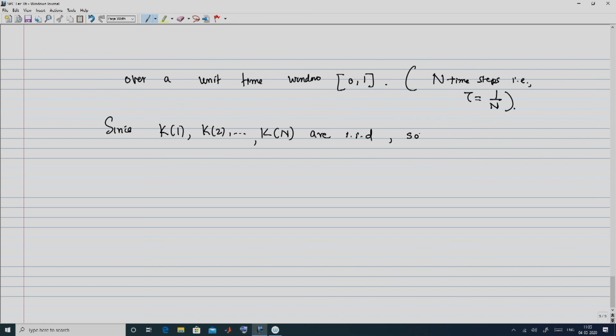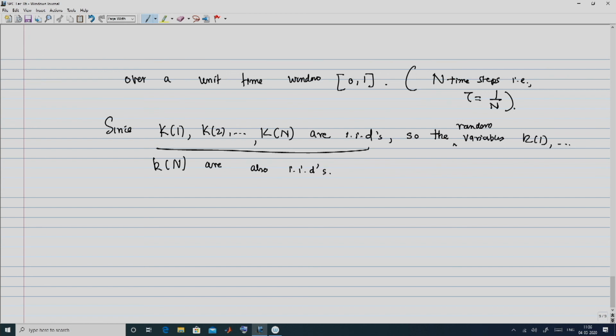So, since these are IIDs, consequently I can say that the random variables small k1, that is the log return, through small kn are also independent and identically distributed. Okay.